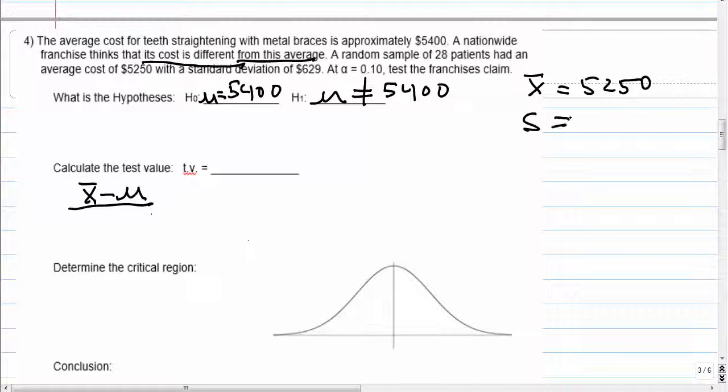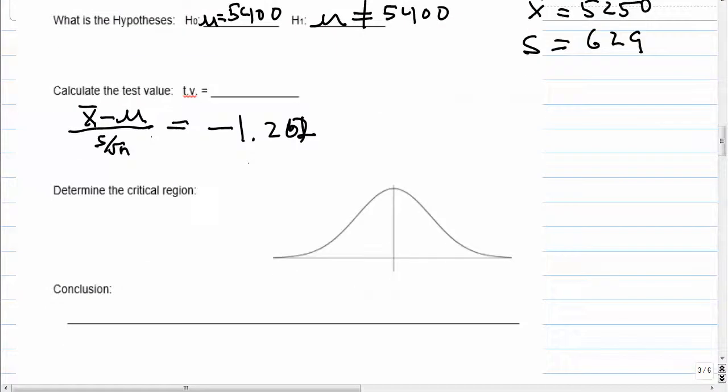We have S, the standard deviation of the sample, is 629. So the only difference here is this is S over the square root of n. When you calculate this, you're going to come up with a test value of minus 1.261, or 2, I think it's 2. Okay, 262. Okay, after you plug your numbers in from the particular problem, and that's just calculations.